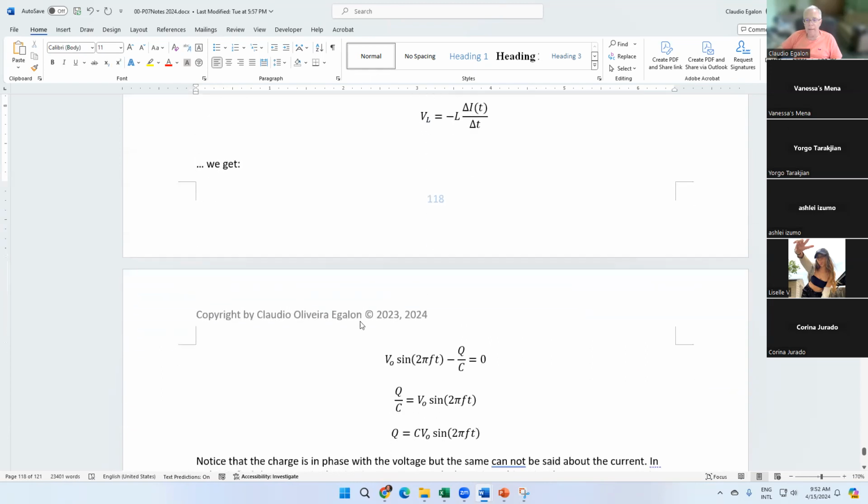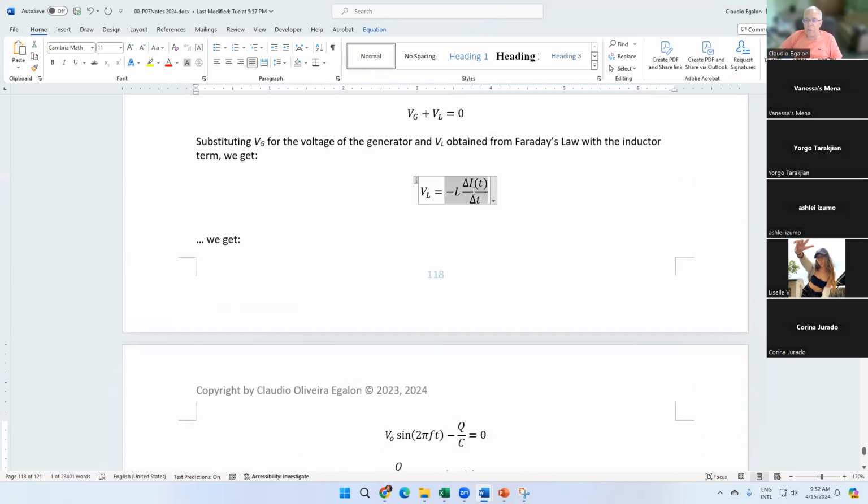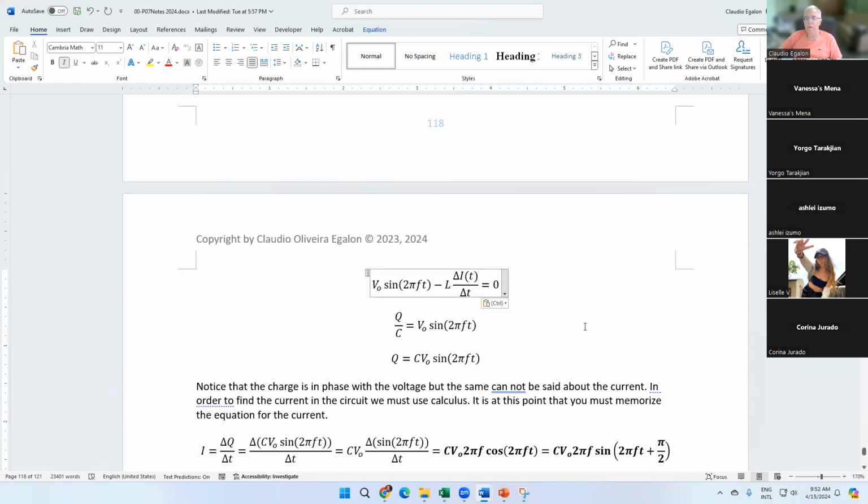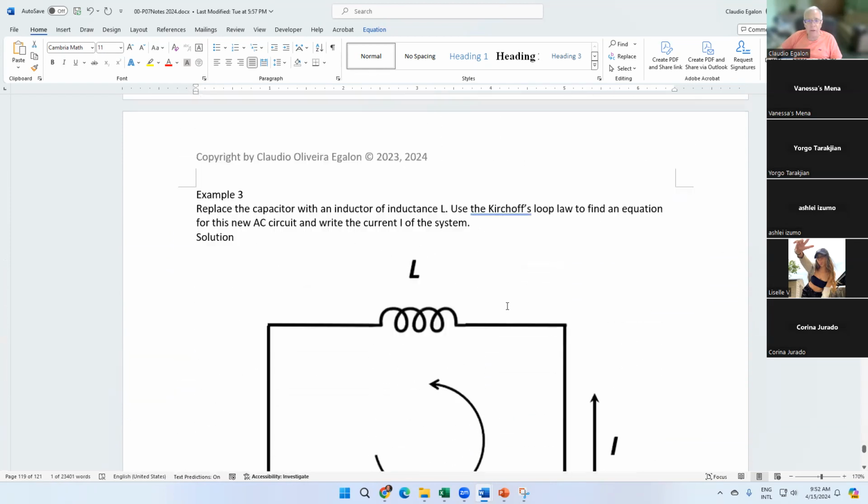We get this one: this term doesn't change, but this term here does change. In this case, we can obtain delta I over delta T.